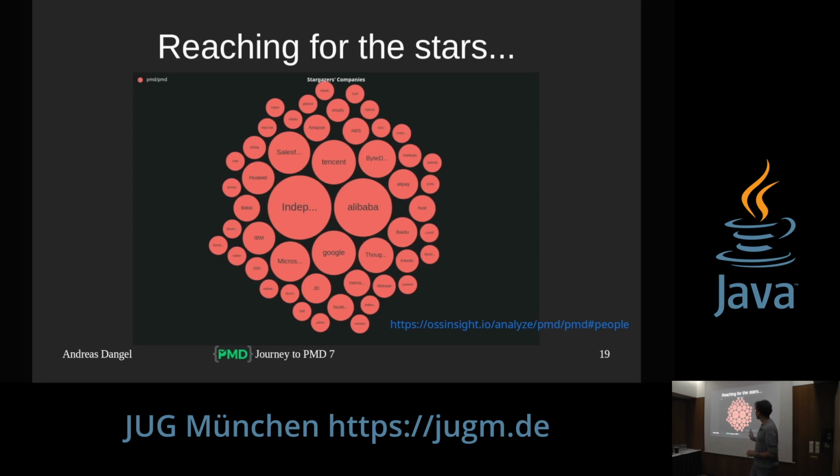And they look at who stars, and you can see a couple of companies. So there's Alibaba, Google, Microsoft, Salesforce, ByteDance, Tencent, and a couple of independent. So all we can say, it seems to be used by many, but we don't really know exactly how.